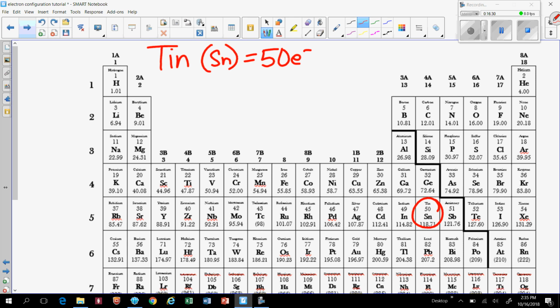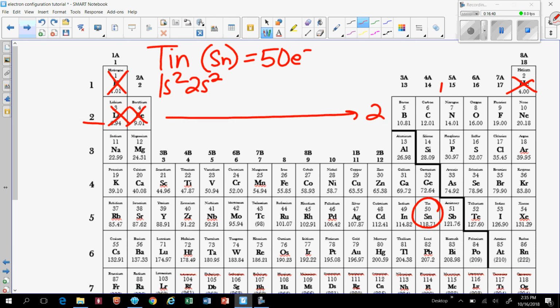So here we're going to have 1s2, 2s2, and then we've entered the P sublevel, so 2p: 1, 2, 3, 4, 5, 6, 2p6. Third energy level, S sublevel, 1, 2, 3s2.